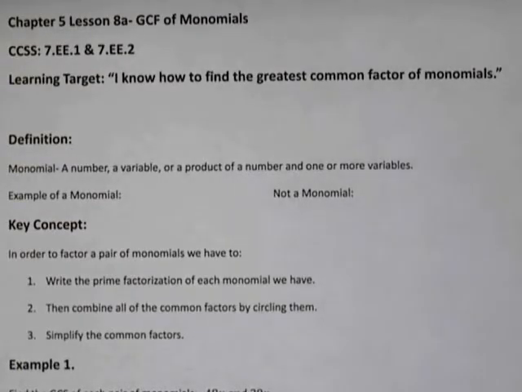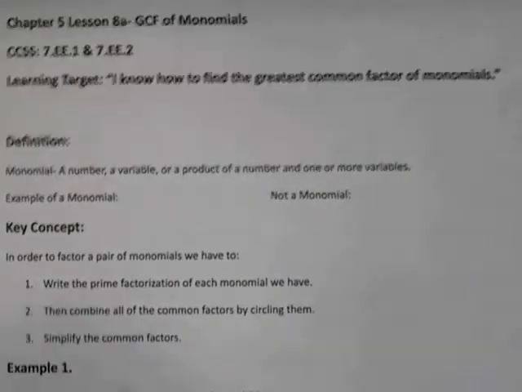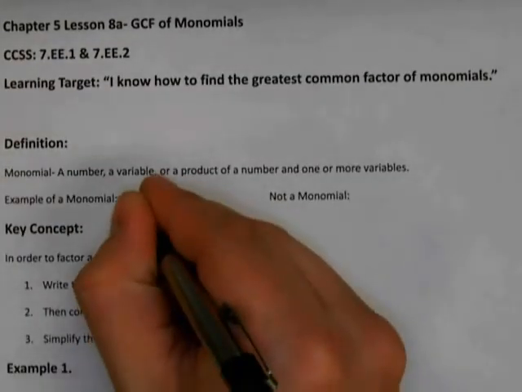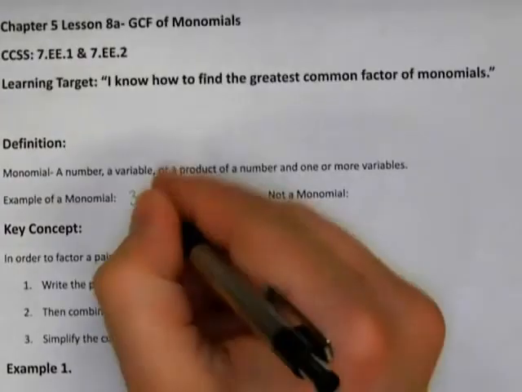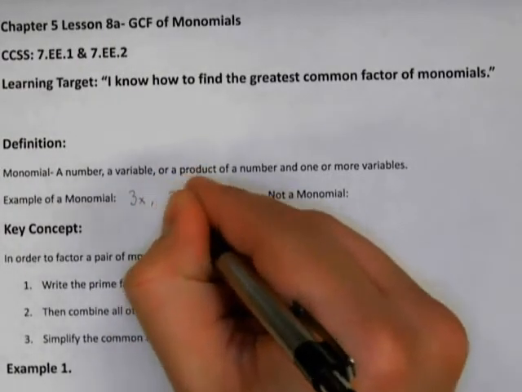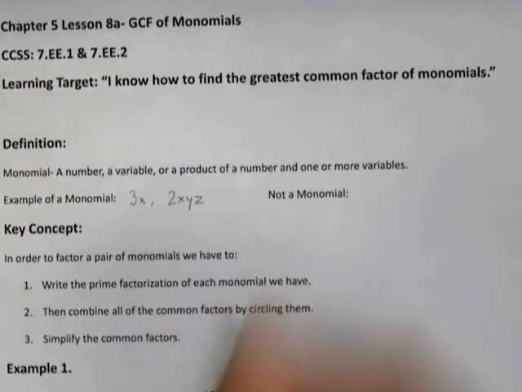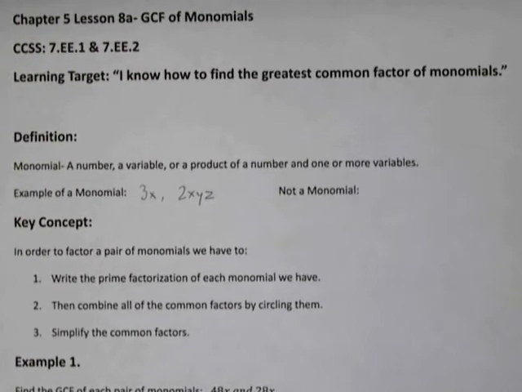So what that looks like, if I were to write an example of a monomial, that would be like 3x, or it could also be 2xyz, or something like that, where they're all combined into just some multiplication. They're not divided by any addition sign or any subtraction sign or anything like that. They're just all in one product. You can solve it to get one number.